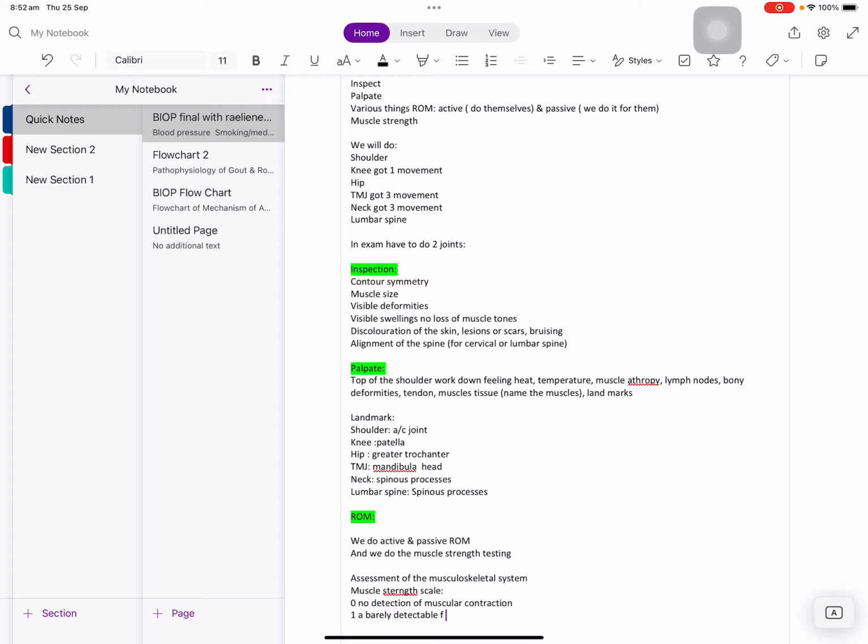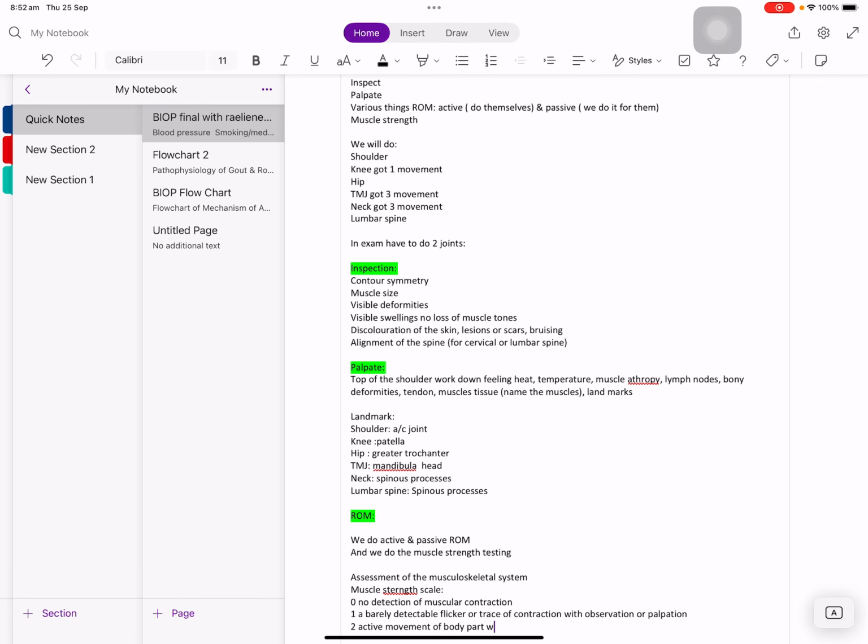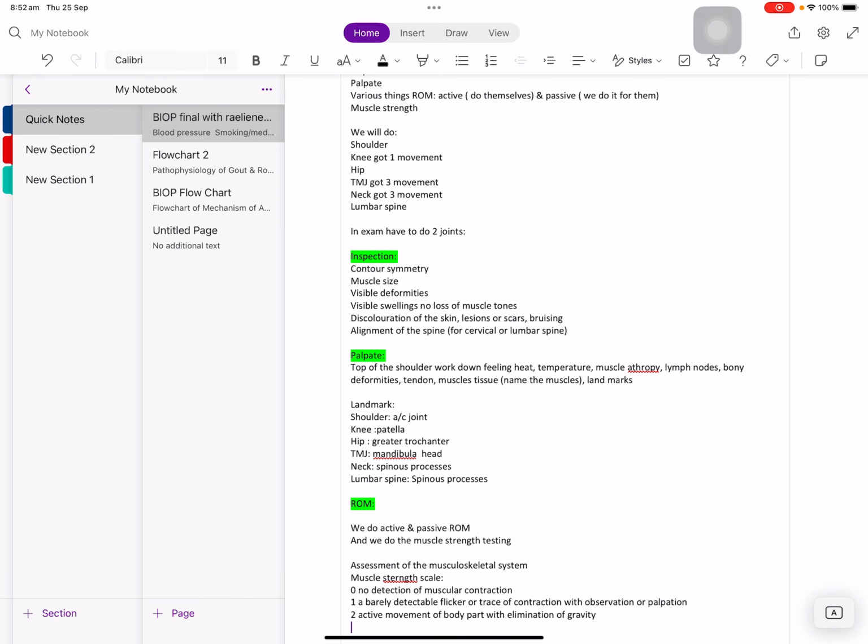Number 1 is a barely detectable flicker or a trace of contraction with observation or palpation. So these are all things that you'll be able to do if you've got hands-on experience with people. And it varies, and sometimes it's not clear cut.